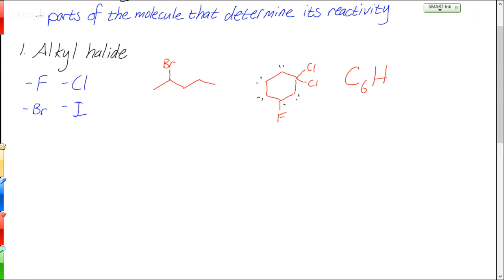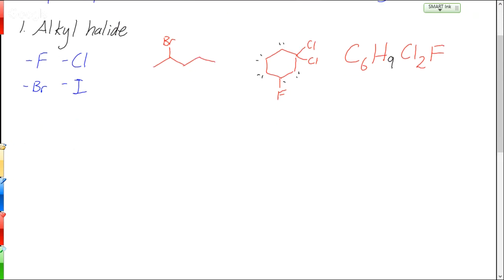So there would be 9 hydrogens, and then the rest of the formula would be like that. Right, so that's the alkyl halides. We've seen some of these before. We've seen molecules that have these things attached before.